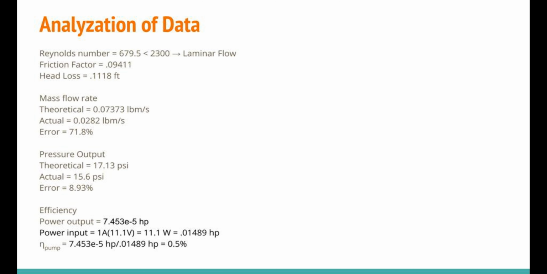Using these two values for the power output and power input, we found that the efficiency of the pump was 0.5%. This low efficiency could be due to the low angular velocity and the discontinuous flow, as well as increased friction in key areas along the frame and shaft of the pump.